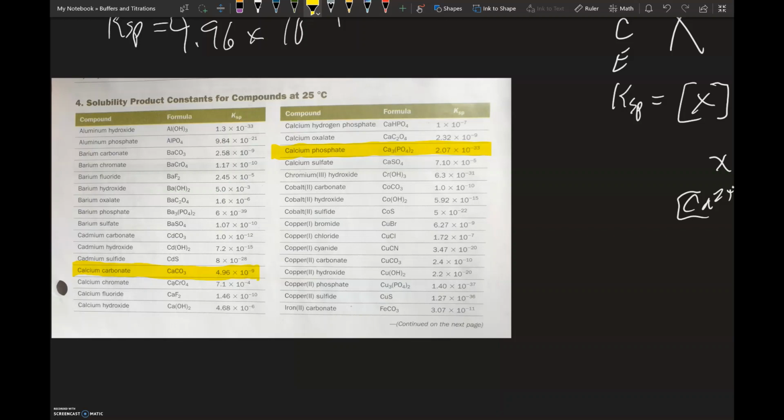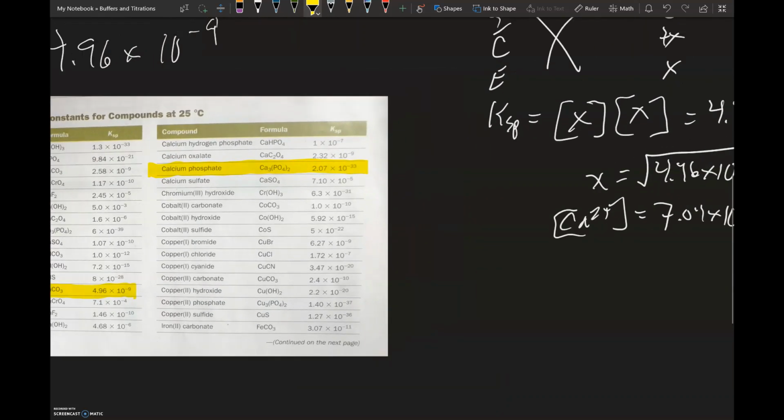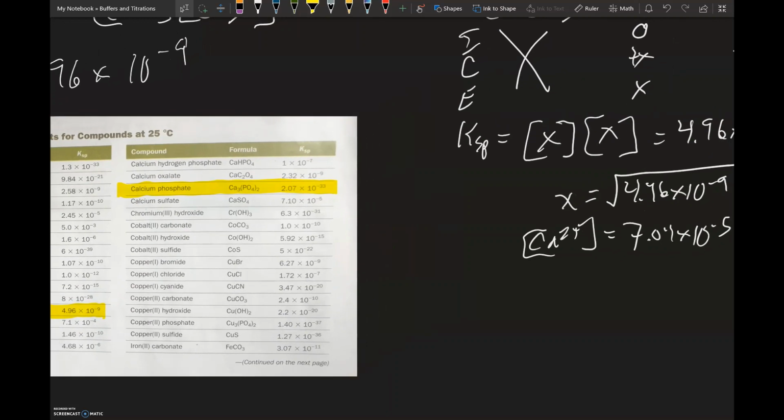So the concentration of those ions should be much smaller than what we calculated with calcium carbonate. You also pay attention to the coefficients. The coefficients are also going to be different because it's not 1 to 1. It's actually 3 to 2: 3 moles of calcium to 2 moles of phosphate.